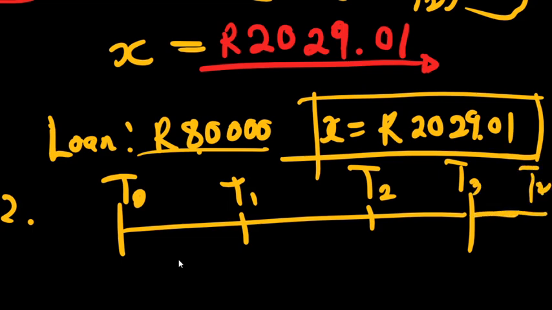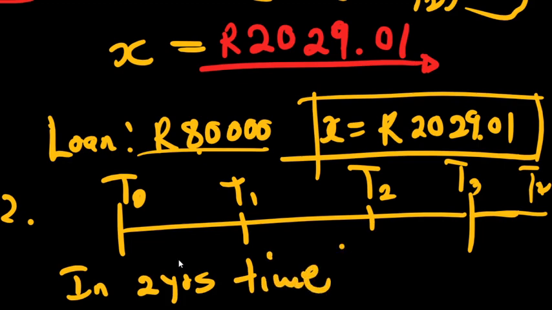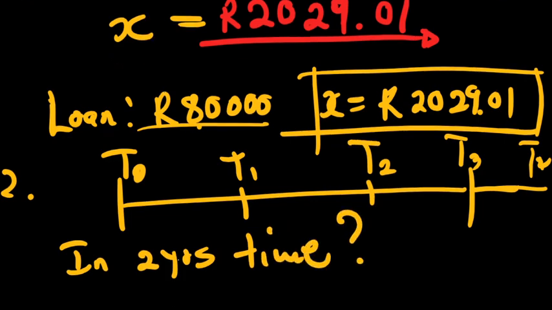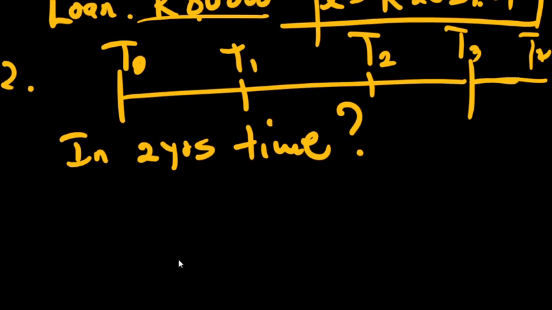So these are the years: the first year, second year, third year, and fourth year. You want to know how much would be outstanding on the loan in 2 years' time.